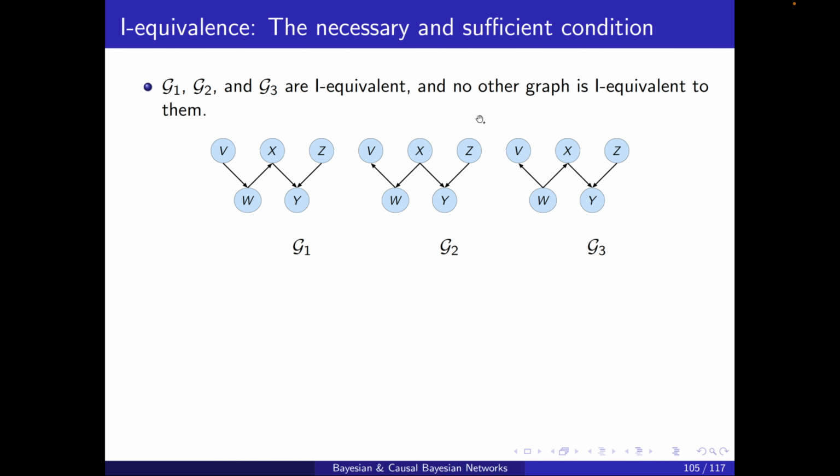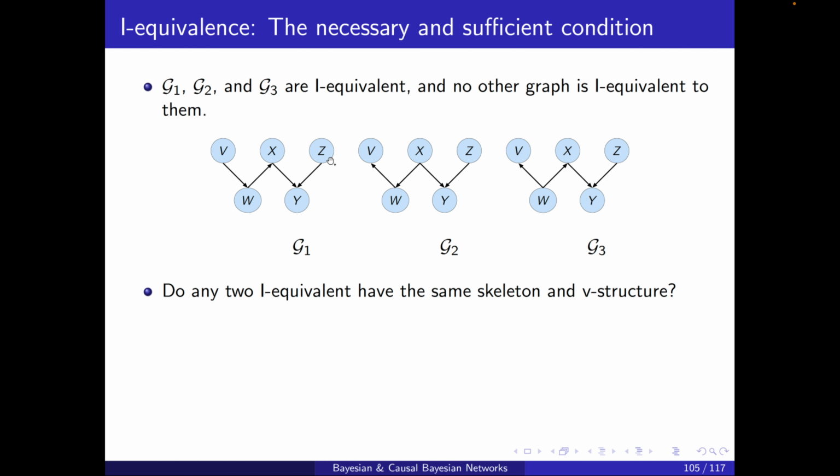Okay? And what I can further conclude is that no other graph is I-equivalent to them. We so far have only shown the sufficient condition for being I-equivalent, not the necessary. We will get there, but you can just see that, at least according to the proposition, if I change the direction of any of these, then I no longer have the same V structure.